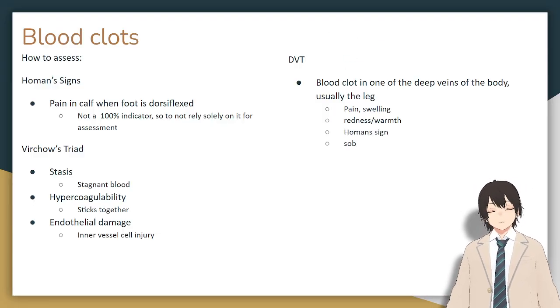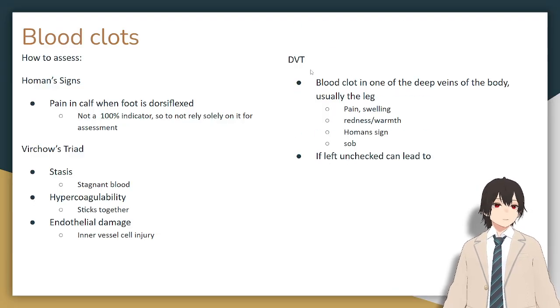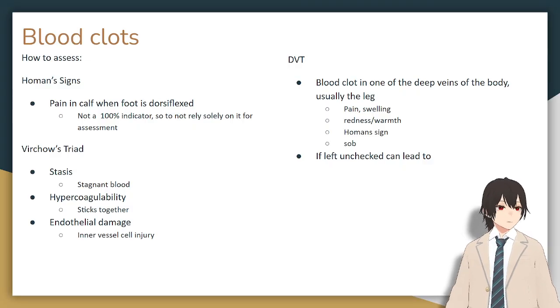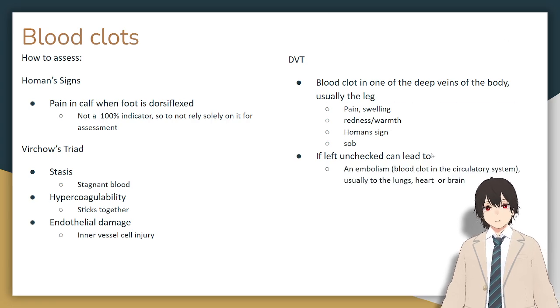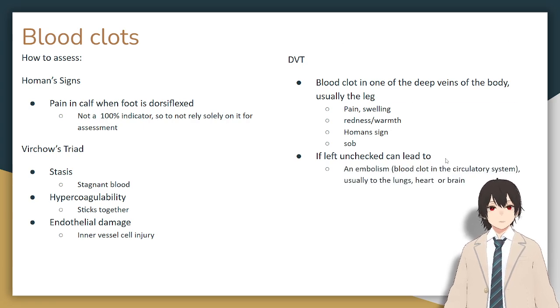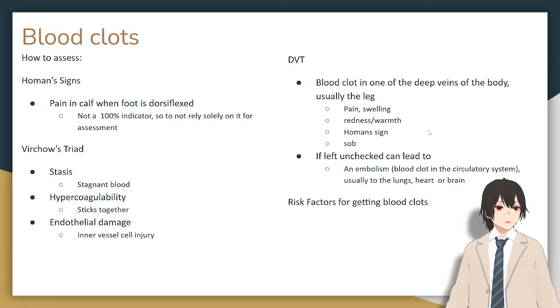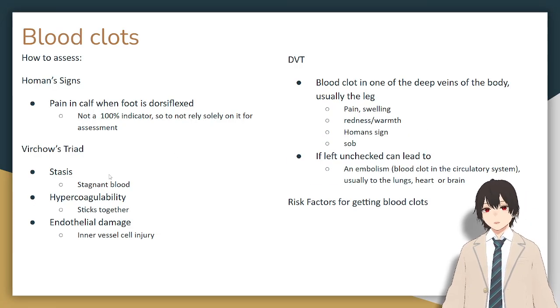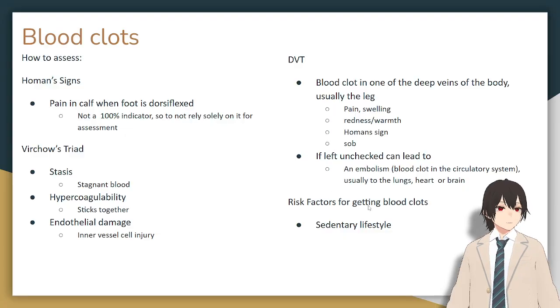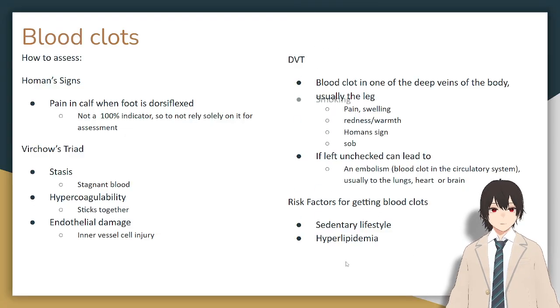If it is left unchecked, the embolism, which is basically the blood clot breaking off and going into the circulatory system, can go to the lungs, heart, or brain, and it can cause a stroke and all these nasty, life-threatening diseases, like a pulmonary embolism, right? And then the risk factors for getting these clots are a sedentary lifestyle, which matches with the stasis, hyperlipidemia, and smoking because of the endothelial vascular damage, right?